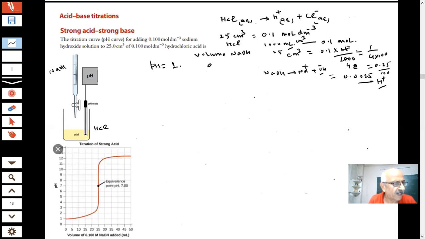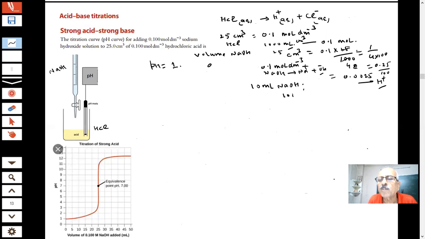If I add 10 milliliter of NaOH, how many moles of OH minus will be produced? The molarity of the NaOH is 0.1 mole per decimeter cube.